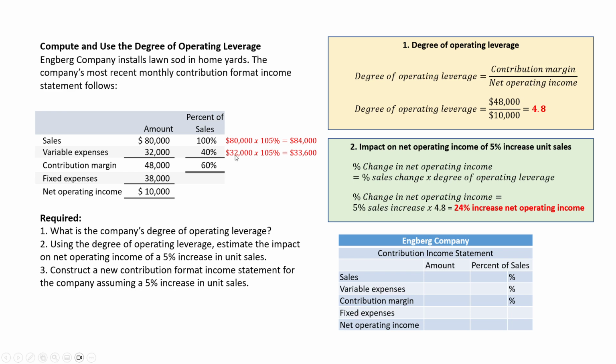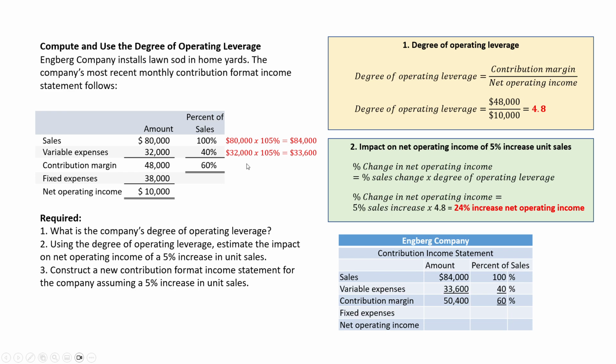So take that 32,000 times 105% brings it up to 33,600. So if I transfer the sales information of 84,000, minus the variable expenses of 33,600, our contribution margin is 50,400 with that 5% increase in sales.